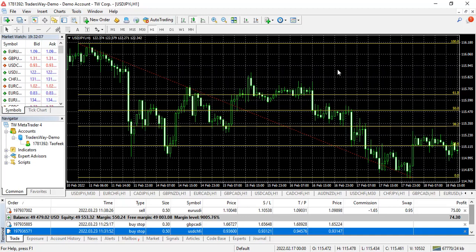For both the expansion and the retracement. Yes. But if it is an upward trend, we are going to draw it from low to high for both expansion and retracement.